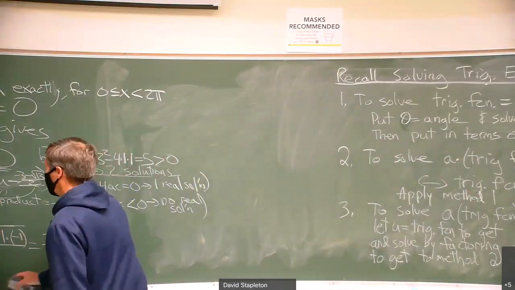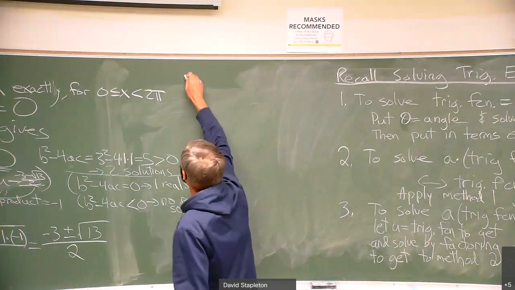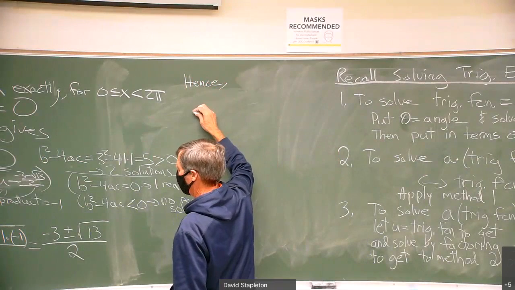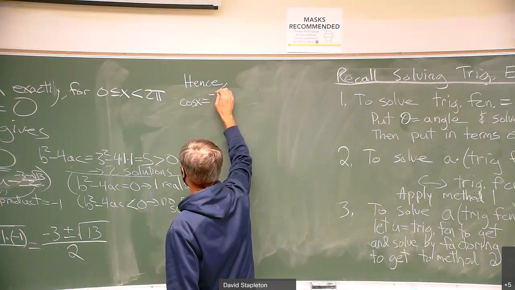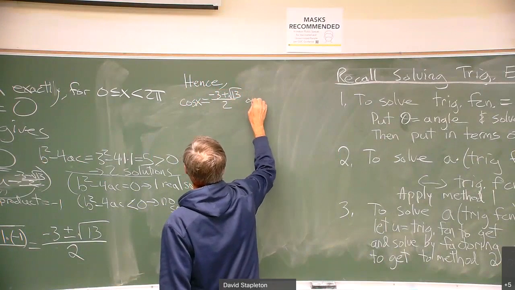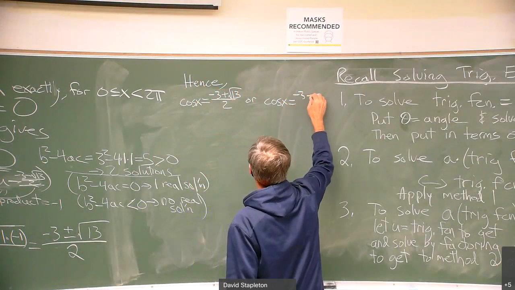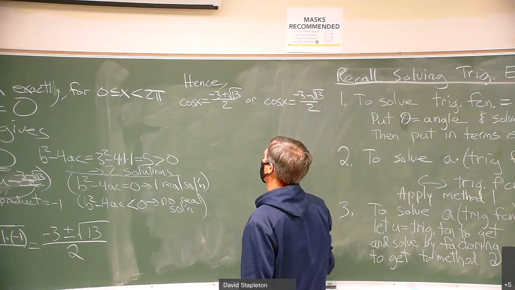So now I'm down to cosine x equals minus 3 plus square root 13 over 2, or cosine x equals minus 3 minus square root of 13 over 2, are the possible solutions there.